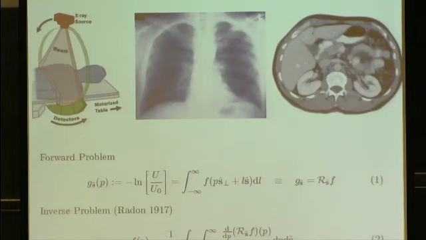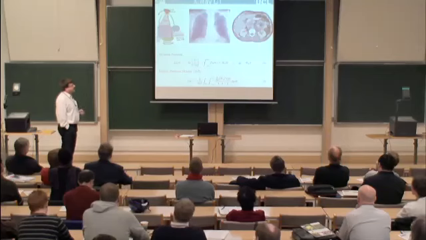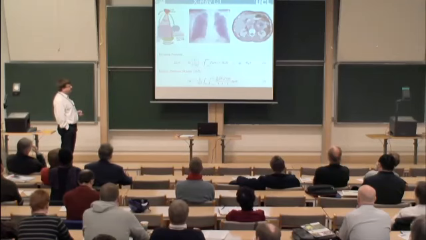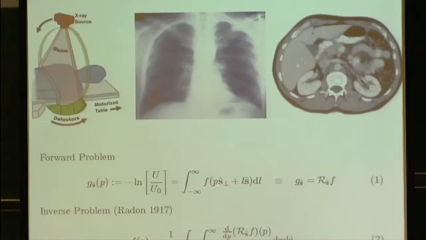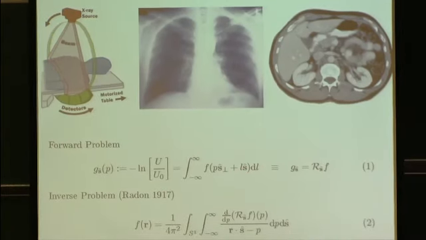And we have a very nice analysis of it. We say that if f is the function we're looking for, and s hat is the direction of the ray, then we form a little local coordinate system perpendicular and along that ray.